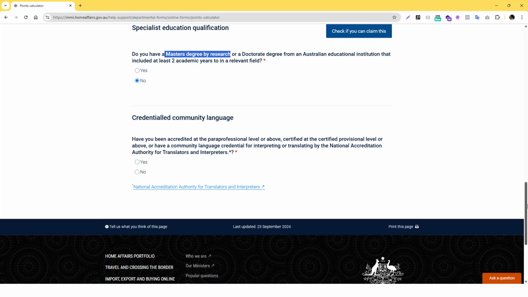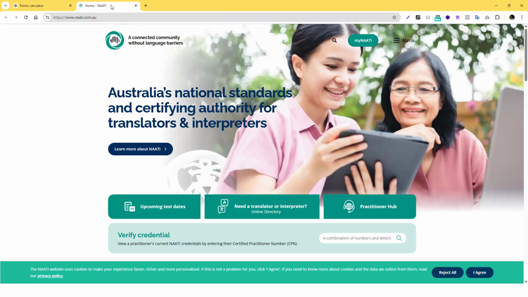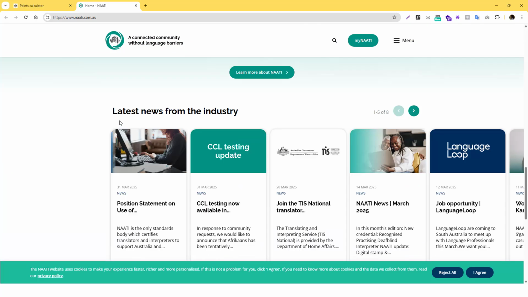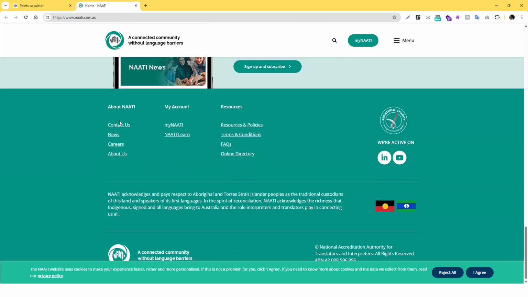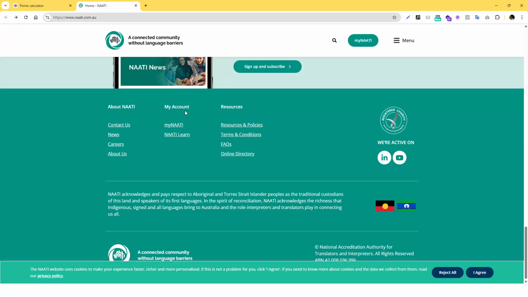Credentialled community language is actually NAATI. There are some companies that provide training to make sure that you are prepared for NAATI, and passing this certificate can give you an extra 5 points. 5 points still impacts your PR invitation or PR application.